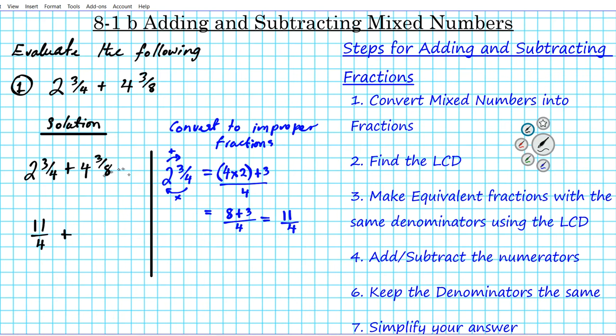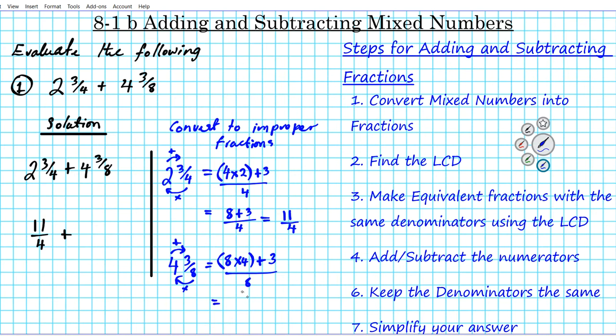So we're going to change this mixed number to an improper fraction, 4 and 3/8. Same procedure: multiply the denominator by the whole number, add it to the numerator, and then divide it by the denominator. So we're doing 8 times 4 plus 3 divided by the denominator of the fraction, which is 8.